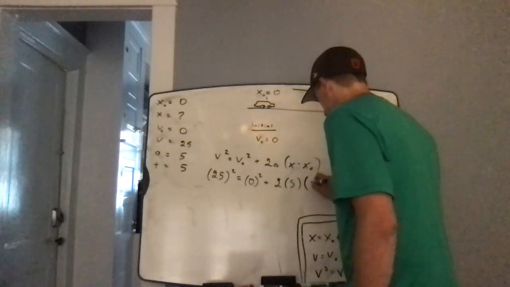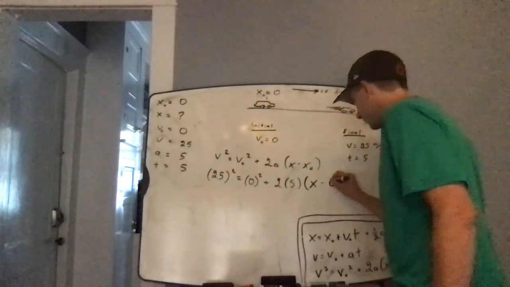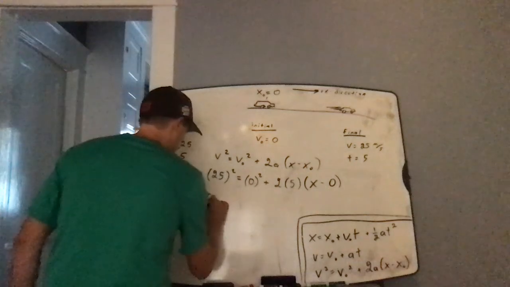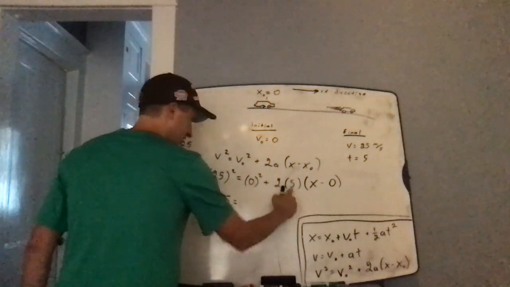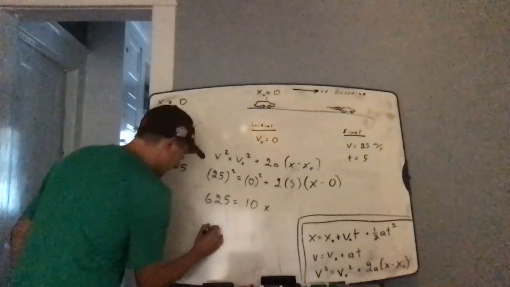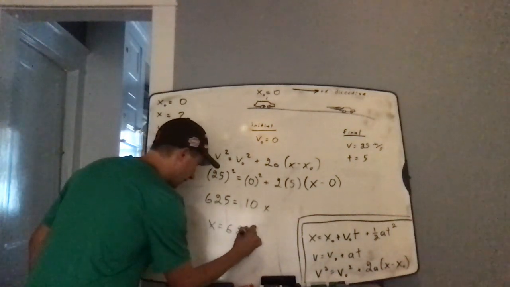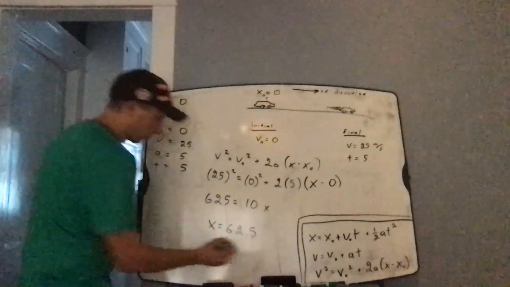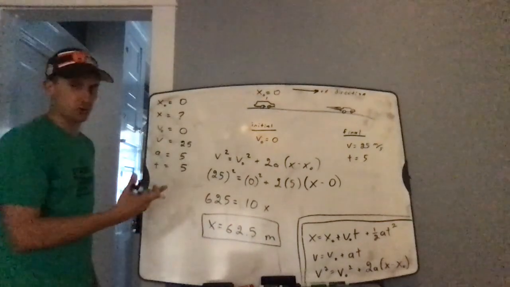X final is an unknown. X initial we set to be 0. So what I have is 625 is equal to 0 plus 10x. So what I get is x is equal to 62.5. So after 5 seconds at this acceleration, the car has traveled 62.5 meters away.